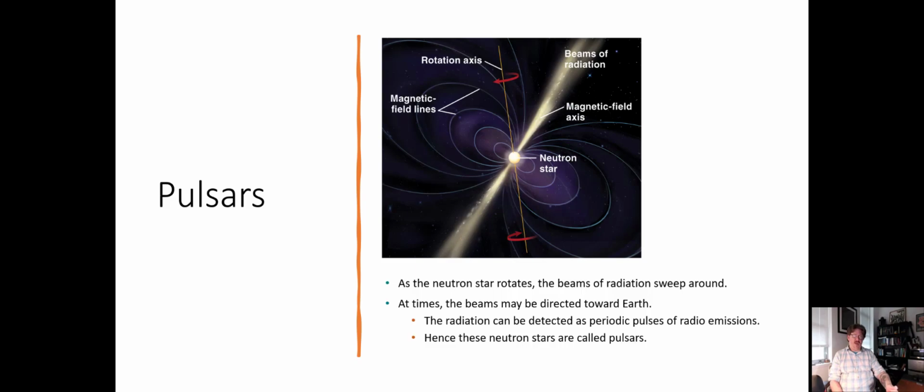Pulsars are dependent on geometry. Because the magnetic field axis and the rotation axis are not aligned, this thing spins around like a lighthouse. And if it's aligned such that that beam goes over the Earth, we can see this.